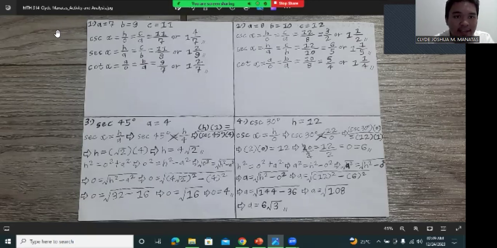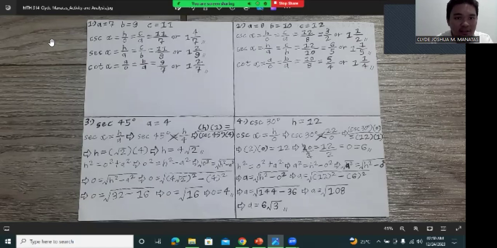Next, for the secant alpha, we will use secant alpha is equal to hypotenuse over adjacent, which based on the given is C over B. The C there is 11, the B there is 9. So secant alpha is equal to 11 over 9 or 1 2/9.